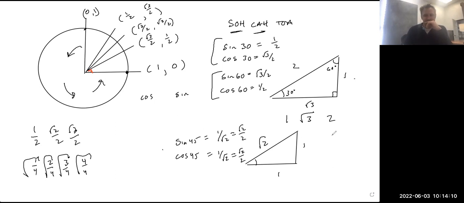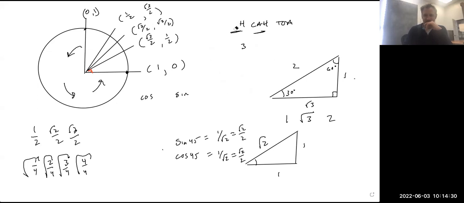Let's talk a little bit about some trig functions in terms of their graphical representation. So let me get rid of all of this stuff, which is really the groundwork for our unit circle.